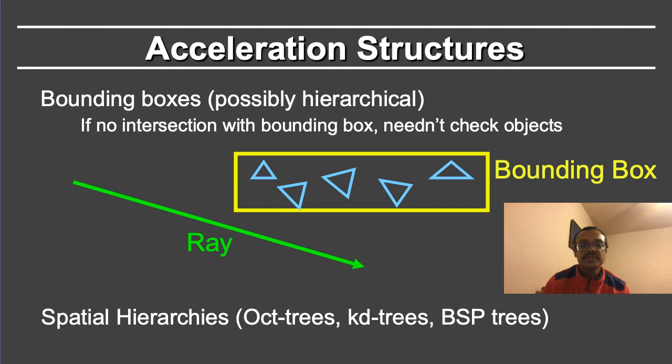We do not need to intersect the ray with each triangle. In fact, if a ray misses the bounding box entirely, then we can stop the tests right there, and we don't need to intersect with each triangle. Extensions of this idea involve also spatial hierarchies such as octrees, KD trees, and BSP trees, which we'll talk about briefly later in the lecture.